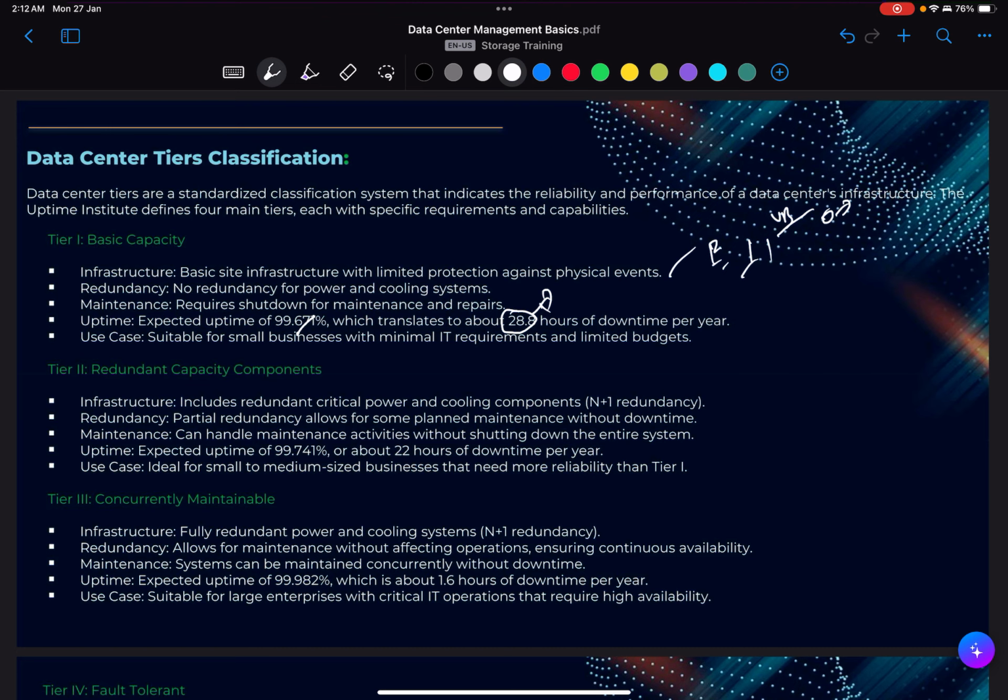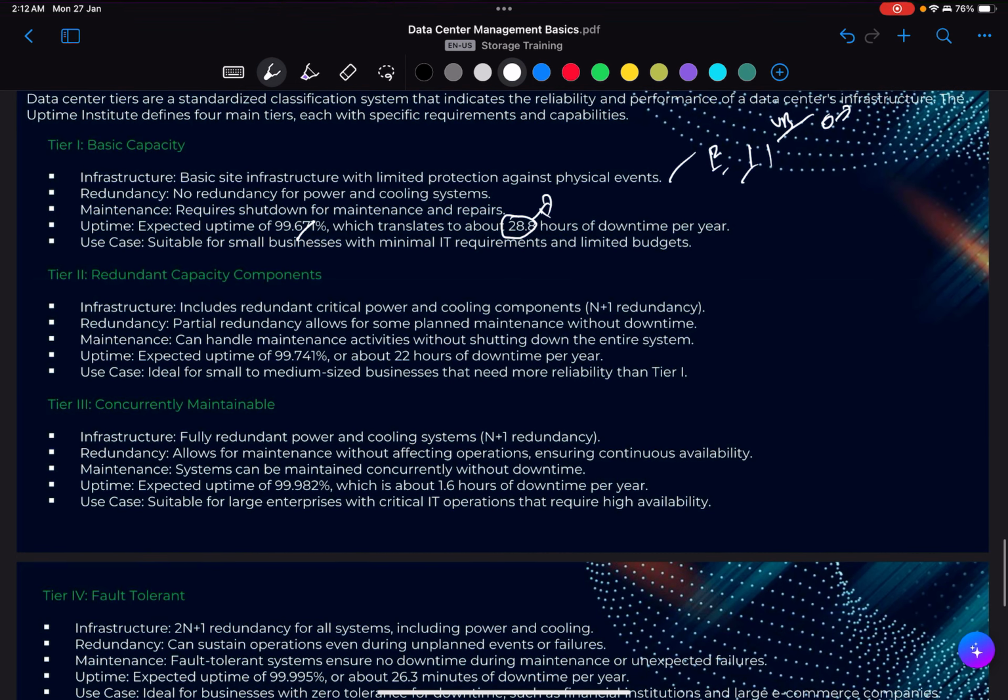Now Tier 2, that is redundant capacity components, which includes redundant critical power and cooling components on the infrastructure level. So it is N plus one redundancy, and partially redundant, which allows for some planned maintenance without downtime. So it is not like everything is redundant from here to there.